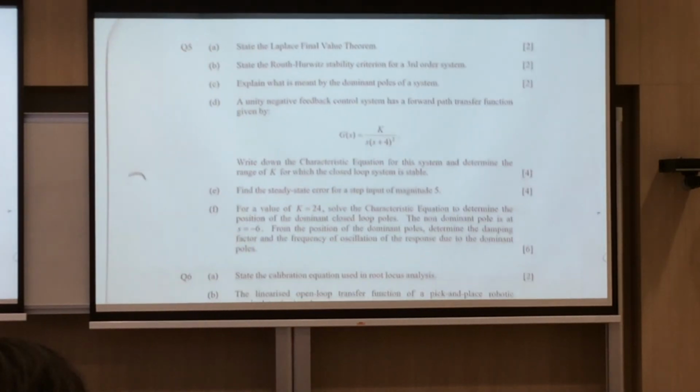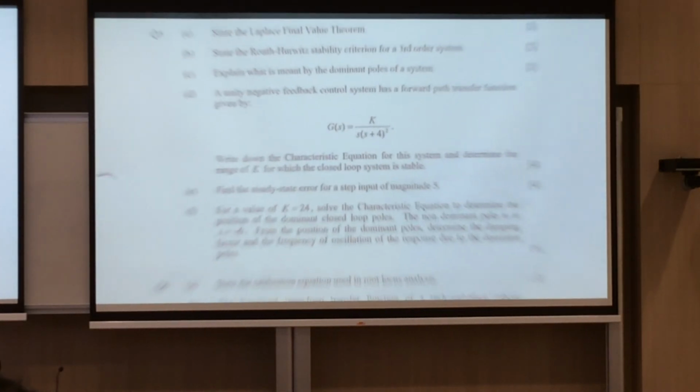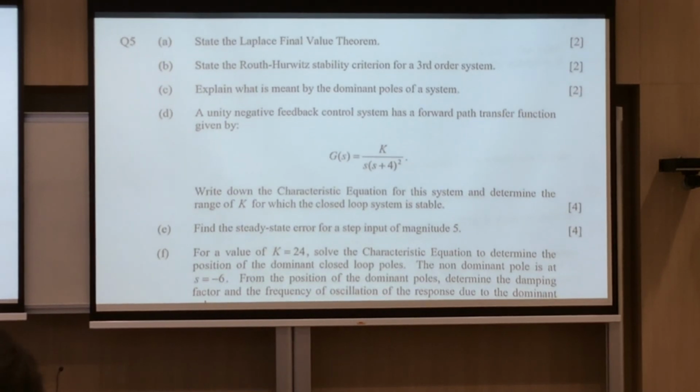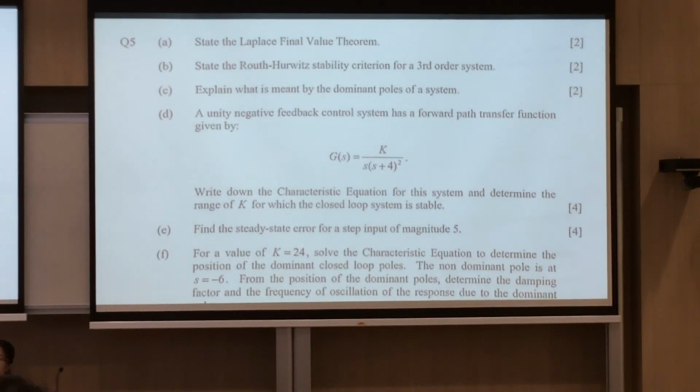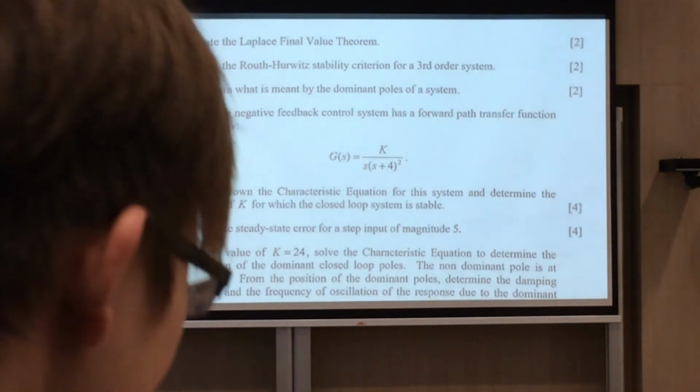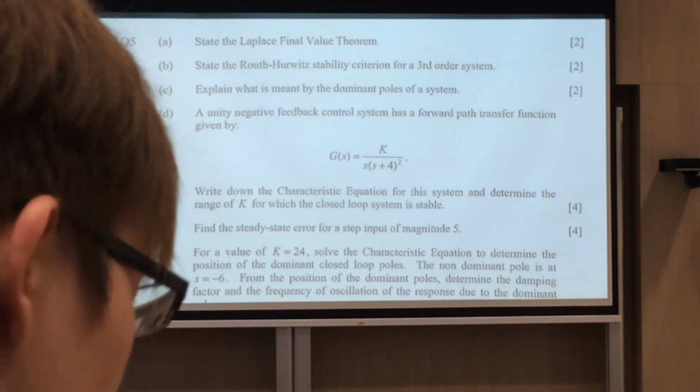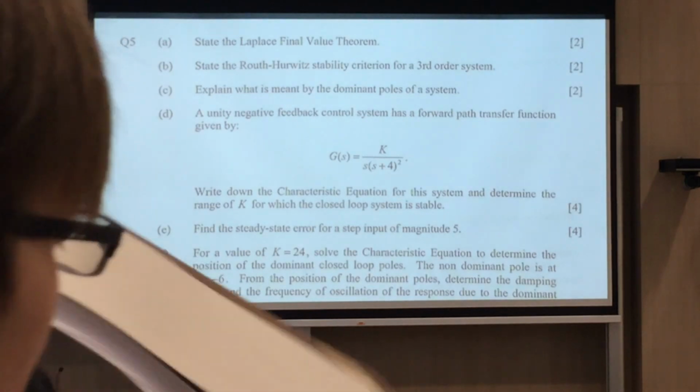Okay, August 2012, question 5. Okay, so what I'm going to propose here is that we spend about half an hour, which will be 12 o'clock then, we'll do this question. Alright?